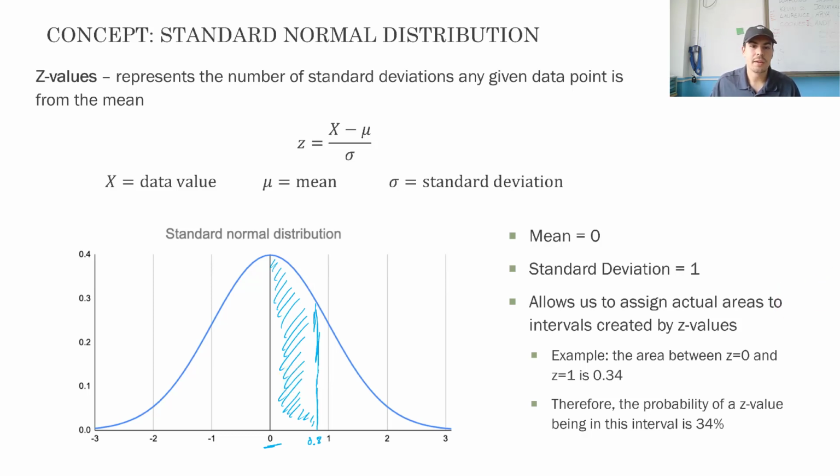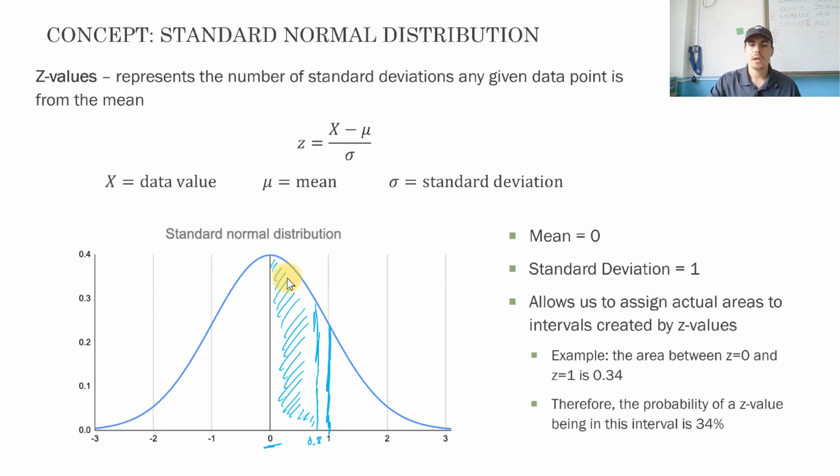An example of this: the area between z is 0 and z is 1, we know this whole area is 0.34. Therefore, the probability of a z value being in this interval is going to be 34%, because we know that the area under my entire curve is 1 or 100%.